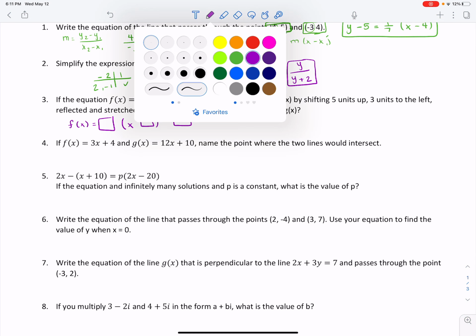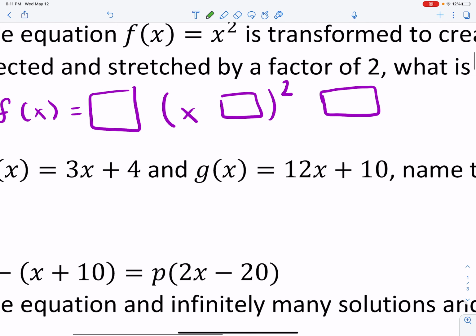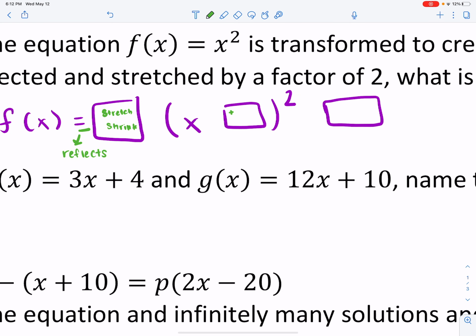Now, this first number is going to stretch or shrink. So whatever this number is, that's your stretch or your shrink. And if it's negative, that means it reflects. This number in here is going to be plus or minus some number, and this is going to be left or right. But it's always going to be opposite of what you think it should be. This number in the back is always going to be up or down, and it will match what it should be.